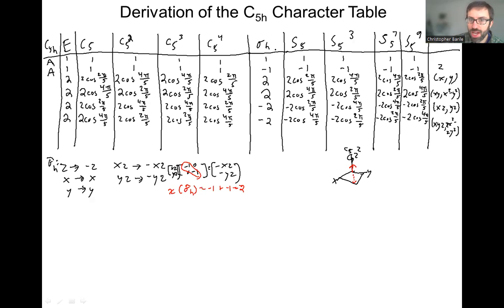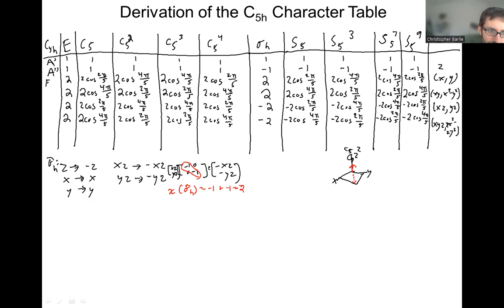And then we're going to use a prime notation because we have sigma h in this point group. So if we're symmetrical, positive 1, with respect to the sigma h, we give it a prime. And we give it a double prime, negative 1, if we're antisymmetric. And then we have dimensionalities of 2.